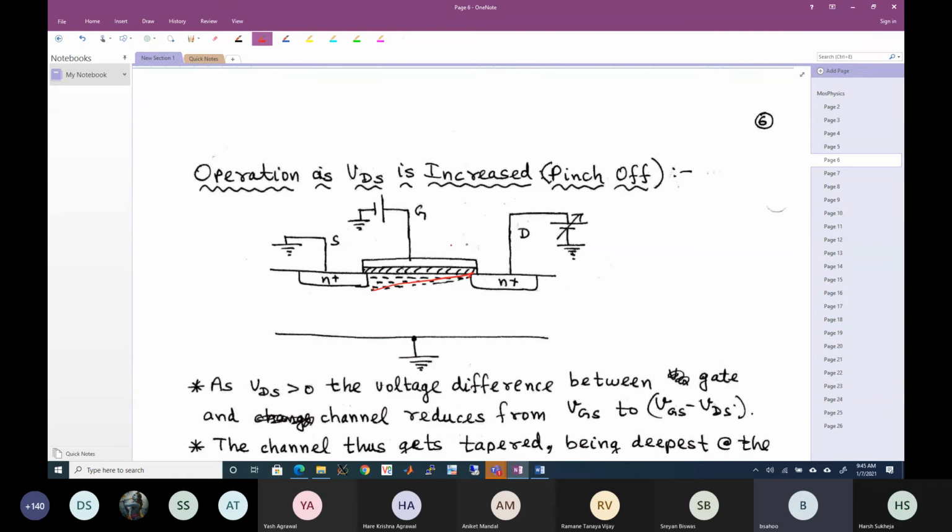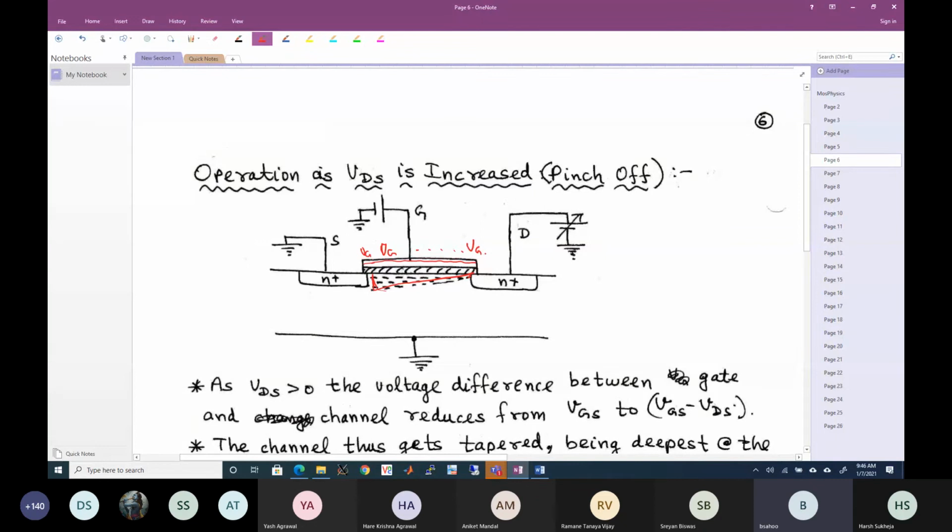As VDS increases, the voltage difference between the gate and the channel reduces from VGS to VGS minus VDS. Now think of it this way. The amount of charge at this point is proportional to the gate. This is a conducting plate, so this voltage is VG, and similarly at every point it is VG.